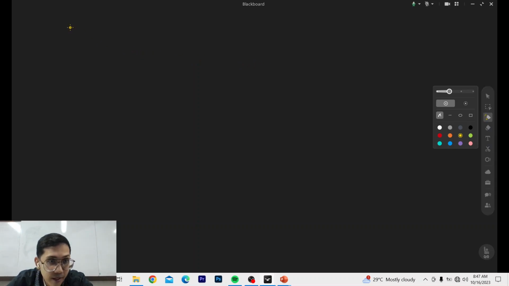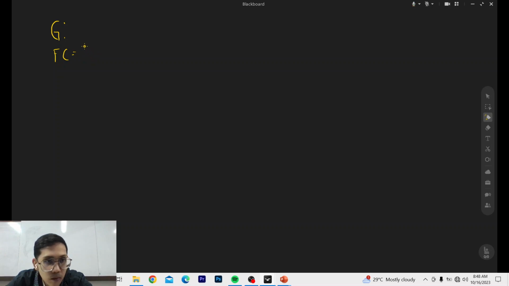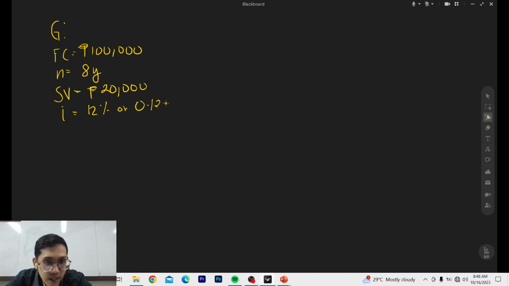So, we have given, our given is, we have the first cost is equal to 100,000 pesos. Next, we have N is equal to 8 years. Next, we have salvage value is equal to 20,000 pesos. Then we have interest is equal to 12% or 0.12 in decimal.